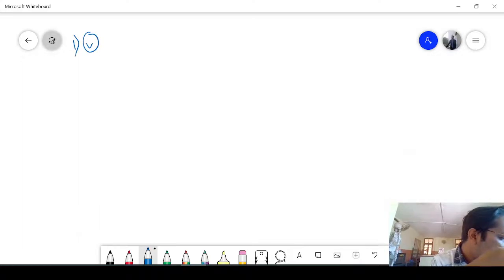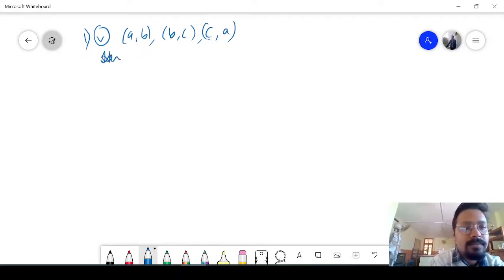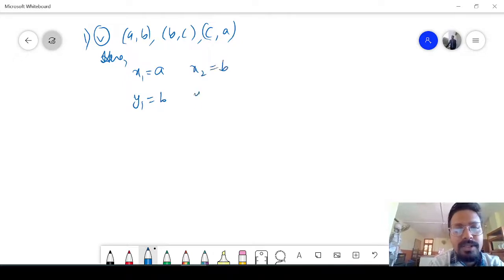Again we have the values a, b, b, c and c, a. So here we know that our x1 is a, y1 is b, x2 is b, y2 is c and x3 is c, y3 is a.